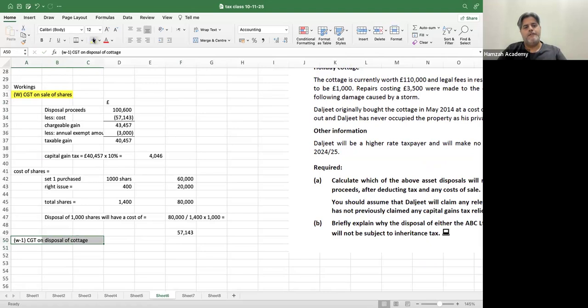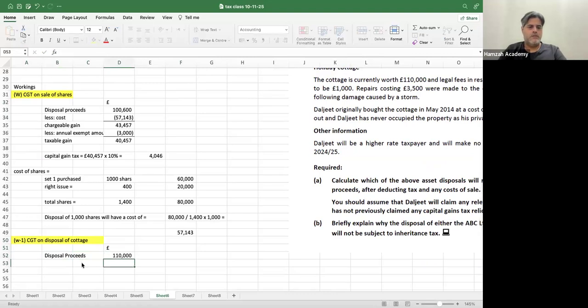I have my disposal proceeds of 110,000, selling cost of 1,000. Net disposal proceeds are going to be 109,000.